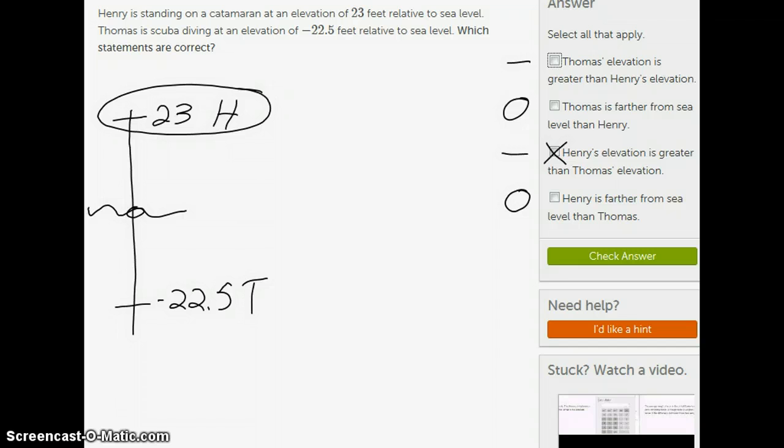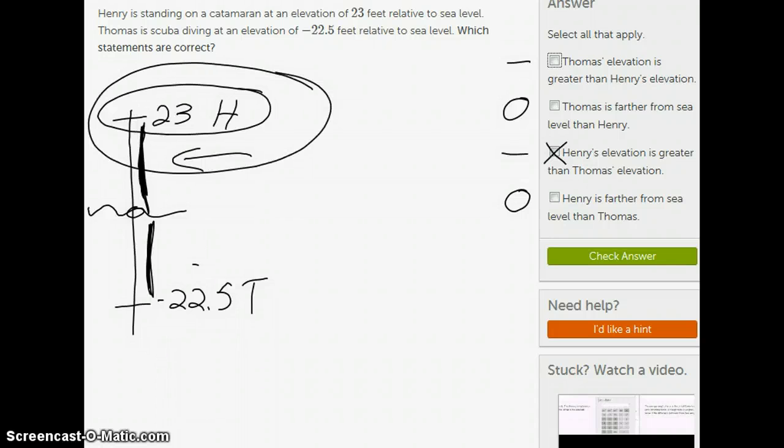So we're measuring this distance here and this distance. That is 23 from sea level. This one down here is only 22.5 feet from sea level. So the greater from sea level is the 23, which is Henry. Henry is farther from the sea level.